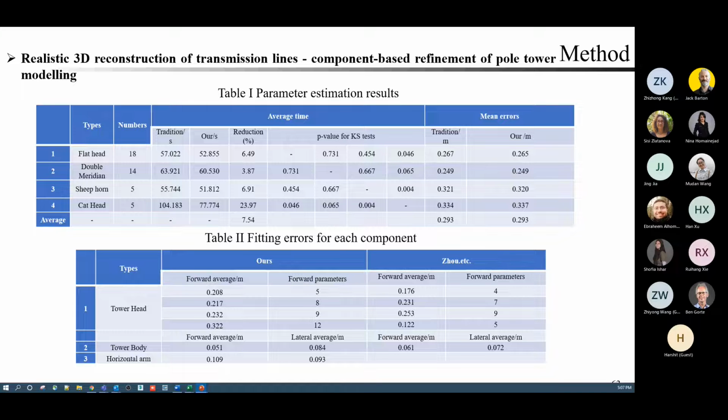Okay, those are the comparisons with the different methods. We can have very good extraction and reconstruction results for different types or different shapes of the pole model. Next.